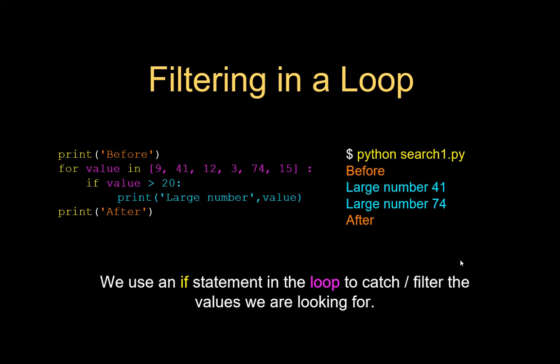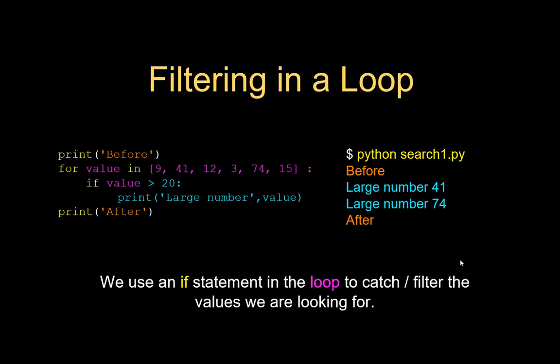Okay, so here we're going to do another example. In this example, we're going to filter. Basically, we're going to say what the large values are. We're going to find members that are greater than a specific value.